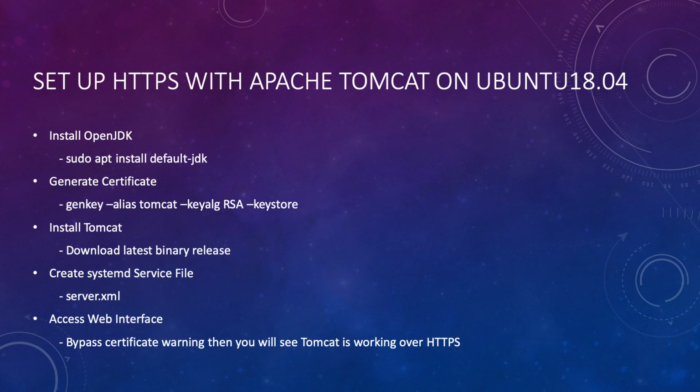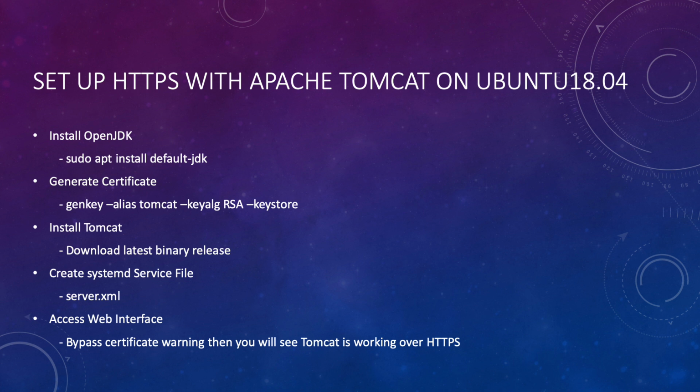All right, so here we're going to discuss how to set up HTTPS using Apache Tomcat on Ubuntu Server 18.04. First, we're going to need Java. You're going to need to install OpenJDK and type in the following command, after which you should generate a certificate where you should be able to identify your username, password, and port number.